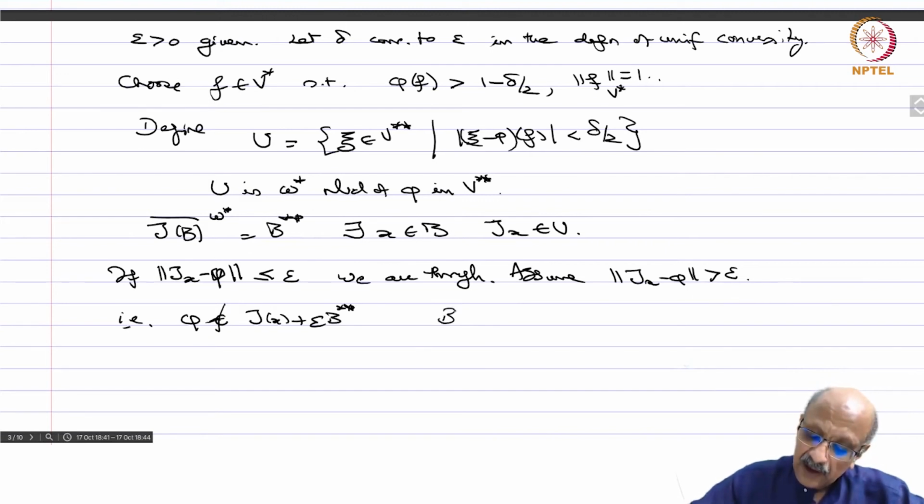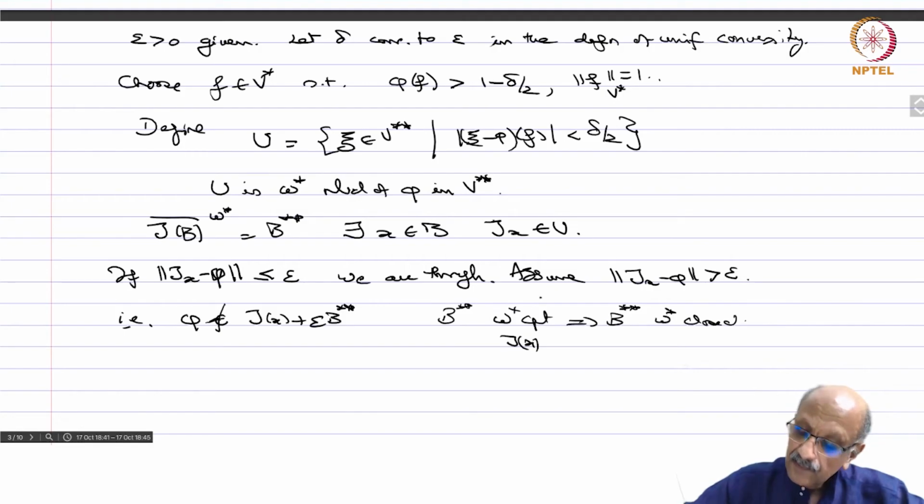Now B double star is weak star compact by the Banach-Alaoglu theorem, and since the weak star topology is Hausdorff, this implies B double star is weak star closed. So Jx, okay, I have written Jx, let me write J sub x, to be consistent. J sub x plus epsilon B double star is just a translation of a closed set, so this is also weak star closed.